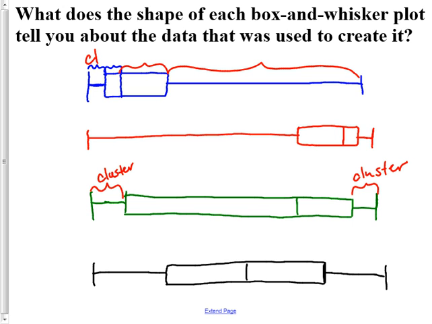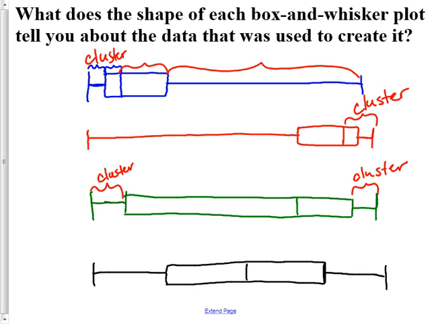So certainly I would say the data is clustered here, and the data is clustered here for sure, because it's much, much closer together there than it is in other parts of the data. And then for the green one, the middle 50% is much more spread out because the box is much bigger than the two whiskers put together.